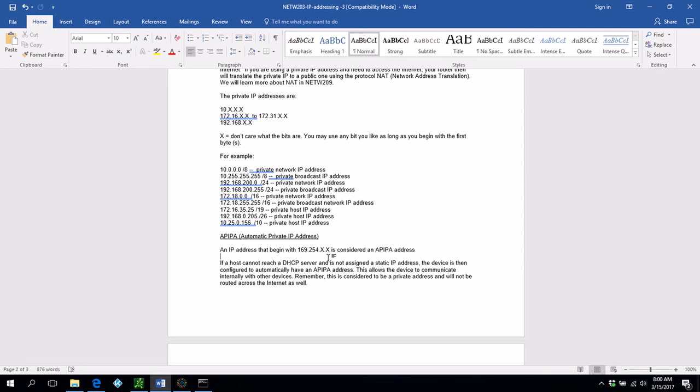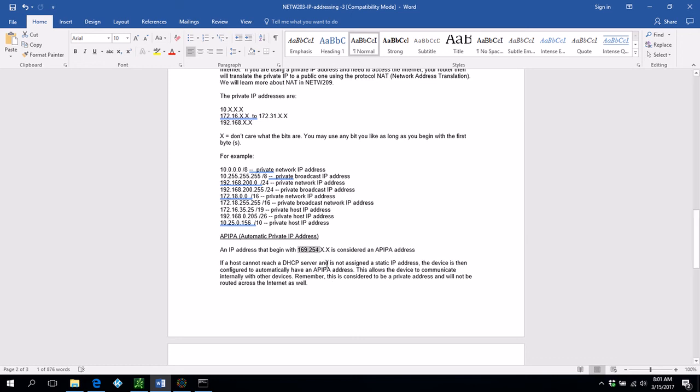So you know that something is wrong with the DHCP server when you see that the device has an address that starts with 169.254. So you go and try to figure out what's the problem with the DHCP server.